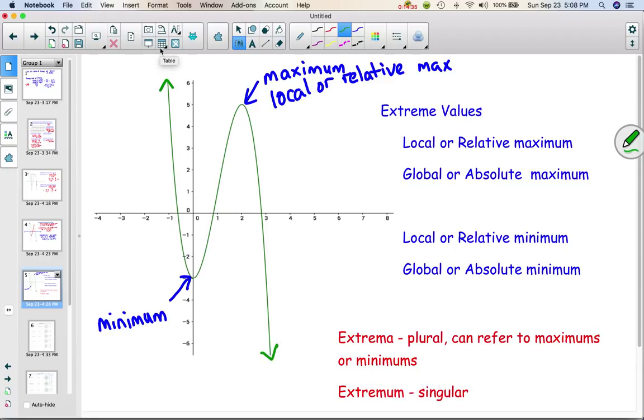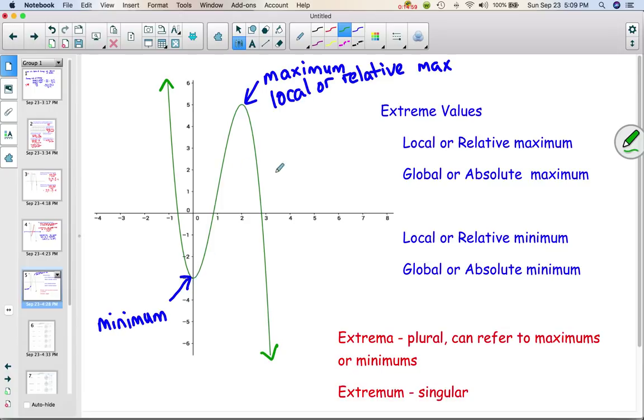There is no absolute maximum height of this function. But this is called a local or relative max, because relative to the points around it, it's a maximum. If I look at this point right here, it's a little lower, and this point's a little lower. But this is the maximum value relative to the points around it. So it's considered a relative max, also called a local max.